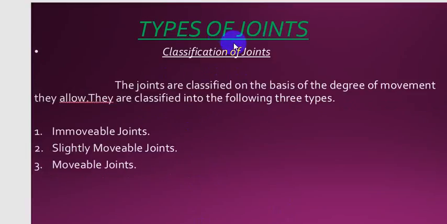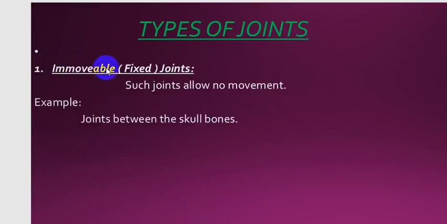The joints can be classified into different groups, and there are three major types: immovable joints, slightly movable joints, and movable joints. The first one is immovable, also known as fixed joints. These joints do not allow any sort of movement, and the classical example is the skull bones.